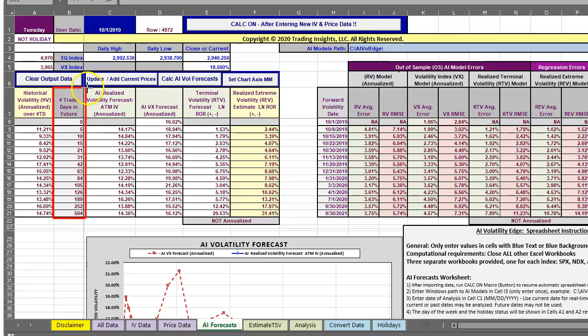And for each one of those, we have the realized volatility forecast, the VIX forecast, the realized terminal volatility forecast, and the realized extreme volatility forecast, all for each one of the days into the future. In addition, I've also calculated and provided the historical volatility for 5 trading days in the past, 10 trading days in the past, 15 trading days in the past, and so forth. So that's the tabular data, if you will.